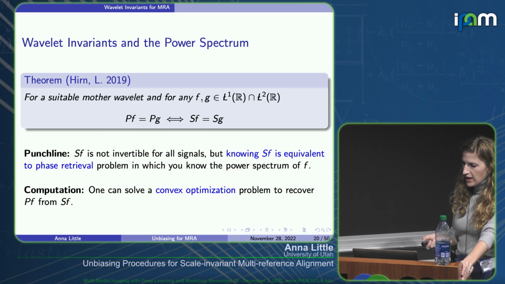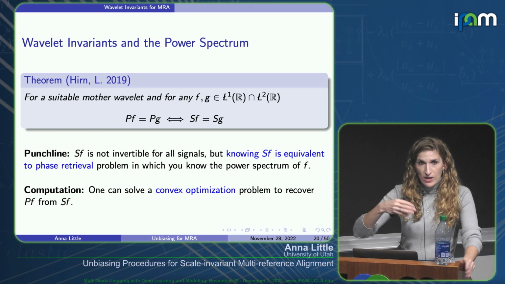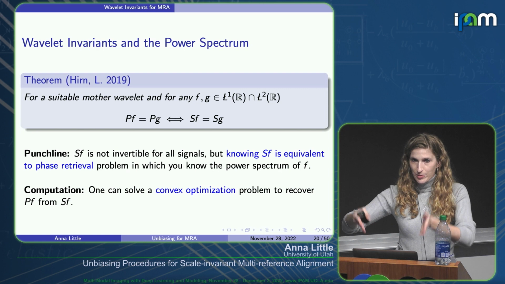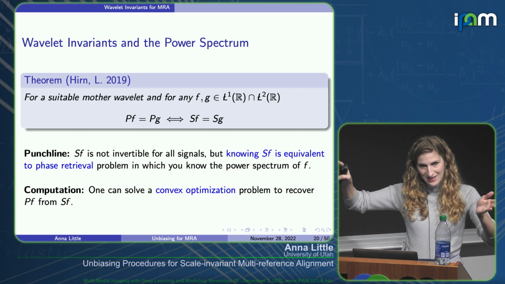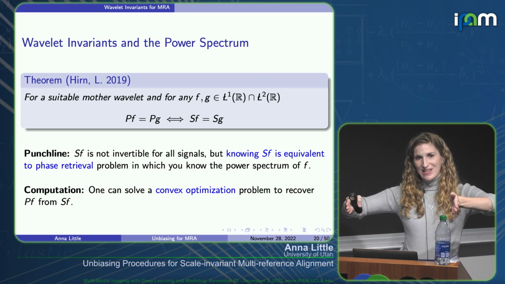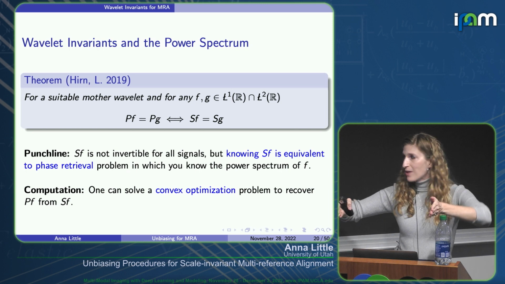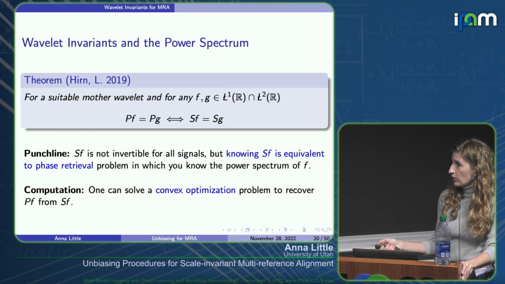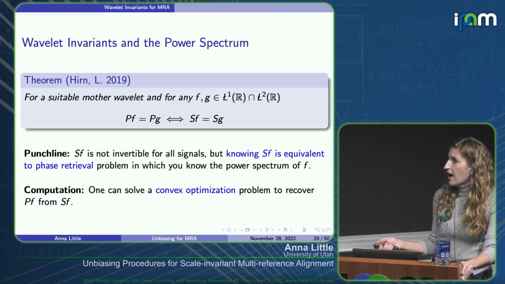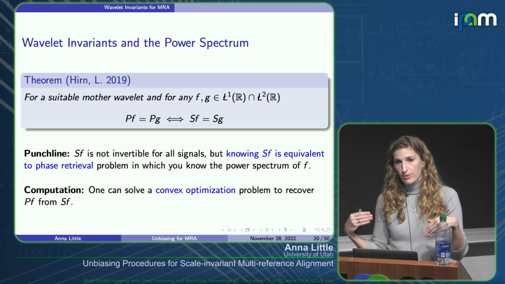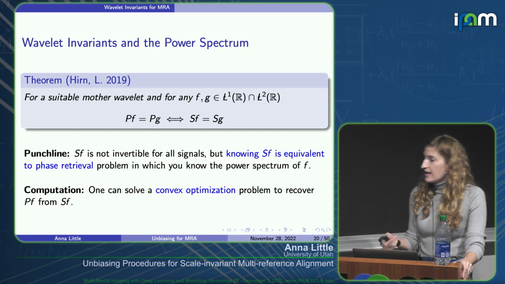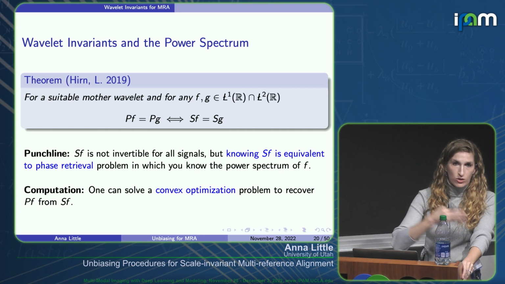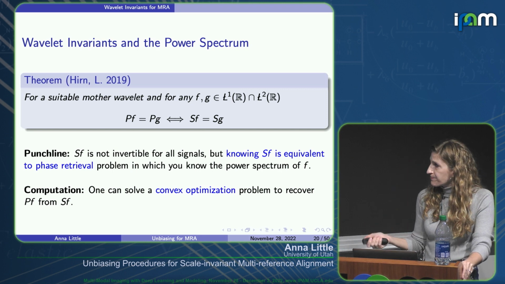The punchline here is that these wavelet invariants are not invertible, because we've thrown away the phase information and we're just basing these features off of the power spectrum. But learning these wavelet invariants is equivalent to reducing the problem to a phase retrieval problem, in which you know the power spectrum and you're still trying to figure out the phase.